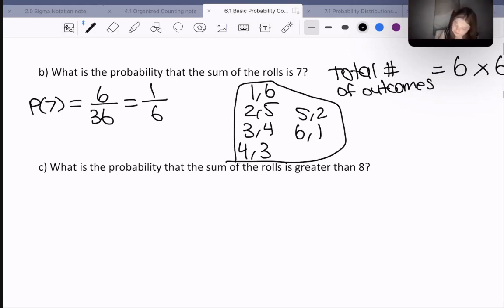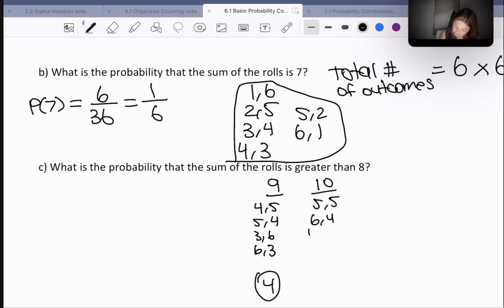So let's write the number of ways for 9. So we could have 4 and 5, or 5 and 4, 3 and 6, or 6 and 3. So there's 4 ways for that one, right? And then for 10, it could be 5 and 5, or 6 and 4, or 4 and 6, so that's 3. And then we have 11, which is 5 and 6, or 6 and 5, which is 2.